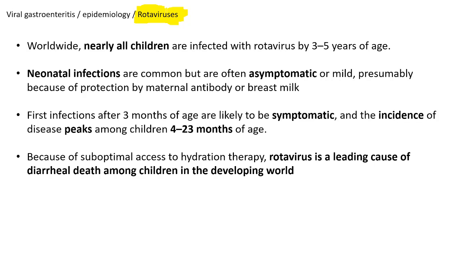We said noroviruses affect people of all ages and are the most common cause, but rotaviruses are an important cause in children. And you can see that worldwide, nearly all children are infected by rotavirus by 3 to 5 years of age, all across the globe, in developing and developed countries, even with the differences in sanitization.